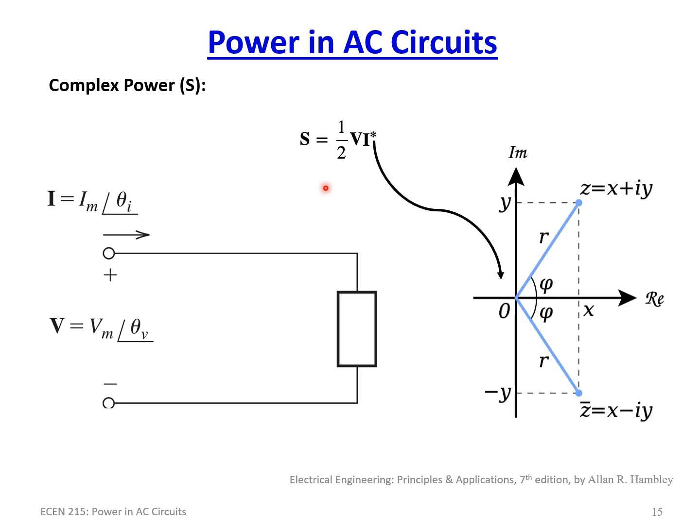If we draw a vector I in this case, it has the value z equals x plus iy. Let's pretend this is our current. It has an x component and a y component in the imaginary axis.